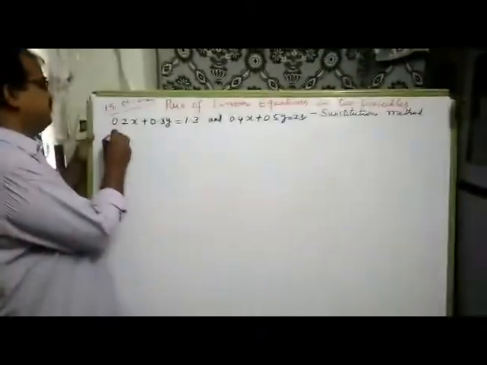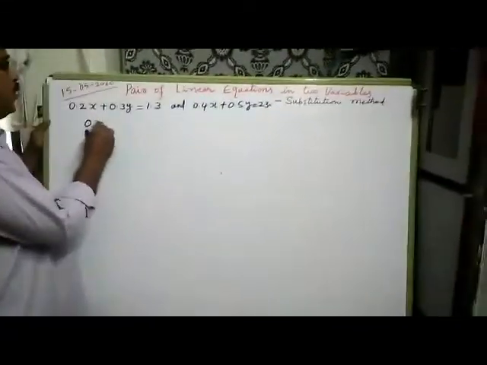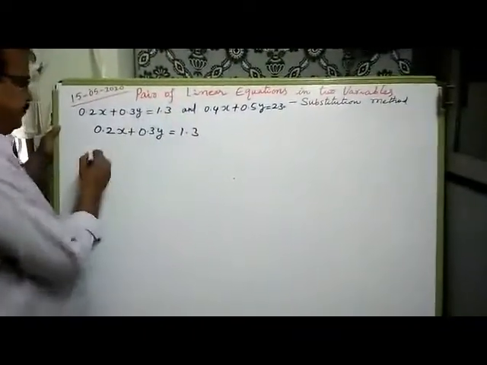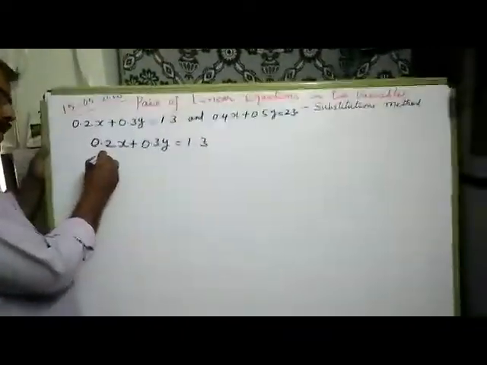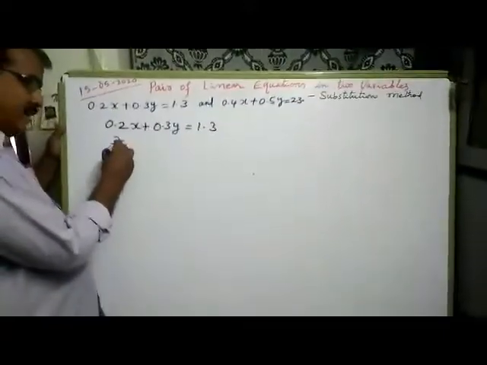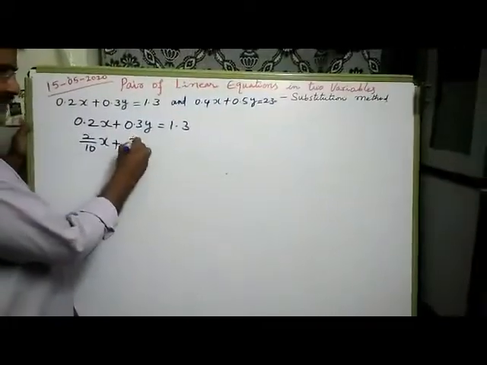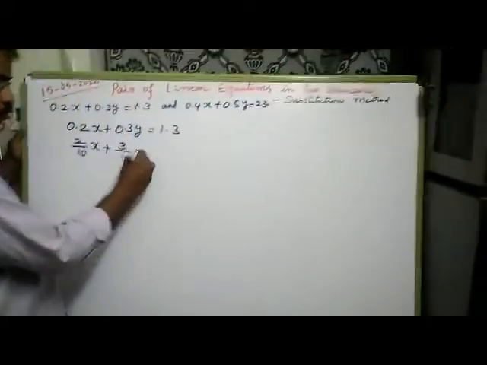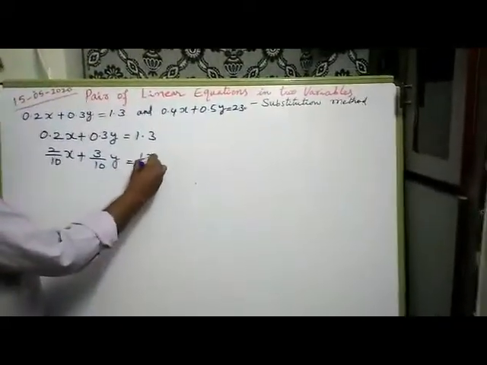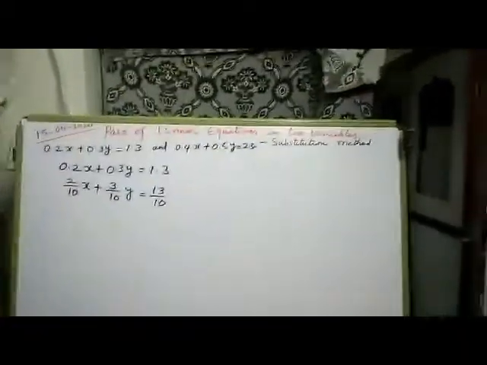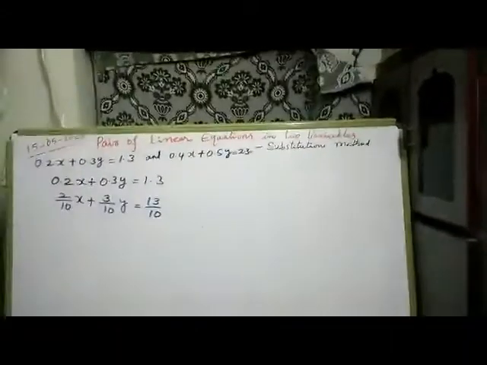First equation, I'm taking 0.2x plus 0.3y is equal to 1.3. 0.2 is nothing but 2 by 10. So 2 by 10 of x plus 3 by 10 of y is equal to 13 by 10. 1.3 converted from decimal to fraction is 13 by 10.